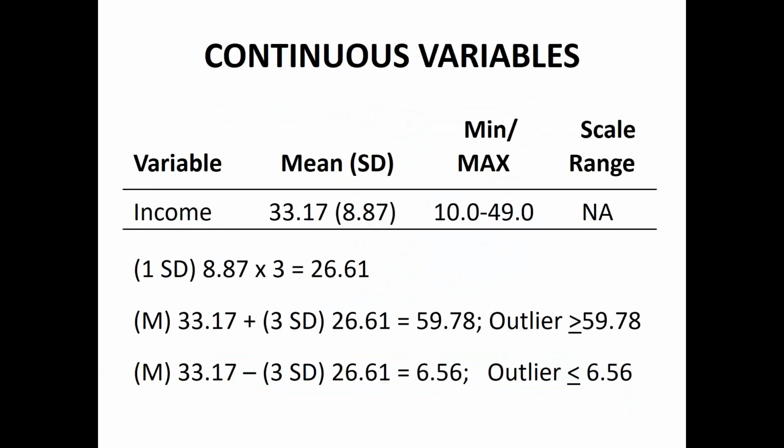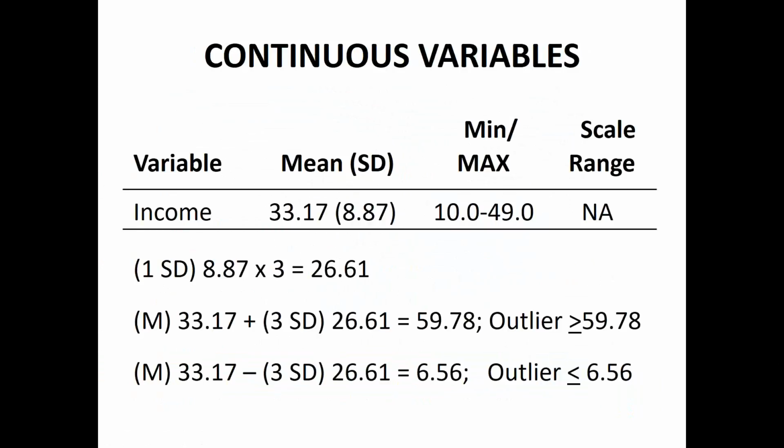If we wanted to know if it's approximately normally distributed, we might look first at the outliers. If an outlier is 3 standard deviations, that is 3 times the standard deviation of 8.87, which is 26.61, then we take the mean and add it and subtract it from 26.61 to know if there are outliers.